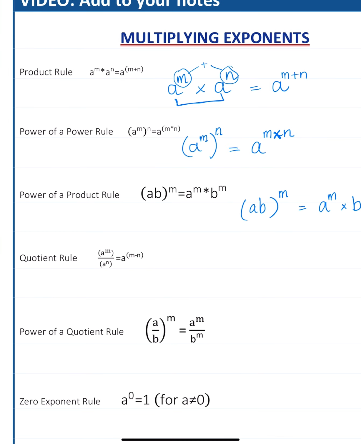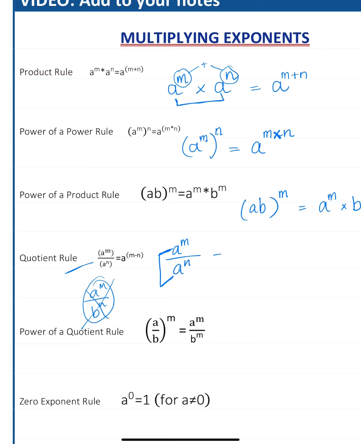Okay, now we're looking at division. Again, these are things that you won't be directly asked, but these are going to be useful in solving or simplifying your expressions, right? So let's look at this: a to the m divided by a to the n. We can work this out only because this is the same base, it's a, right? If it was a to the m and b to the n, we can't use this quotient rule, right?